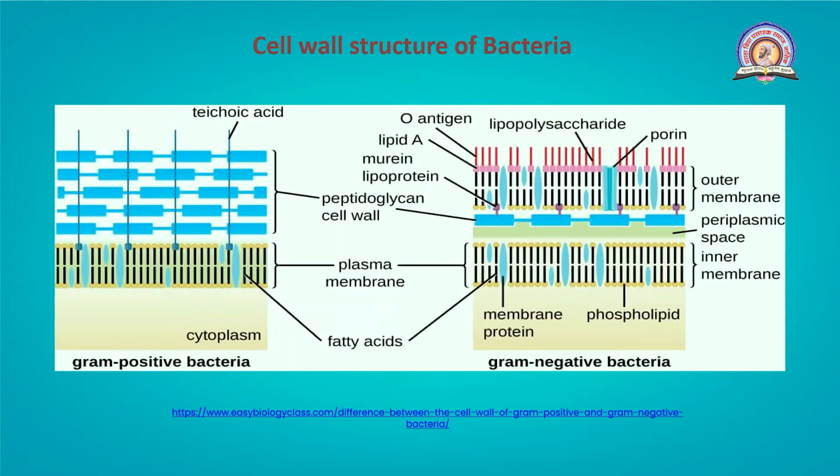The reason is that gram positive bacteria possess a very thick layer of peptidoglycan. We can see the different layers of peptidoglycan present in gram positive bacteria, right? But gram negative bacteria possess a very thin layer of peptidoglycan. This is how gram positive and gram negative bacteria differ from each other.